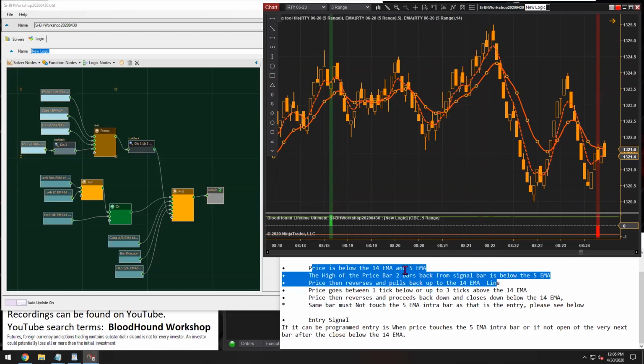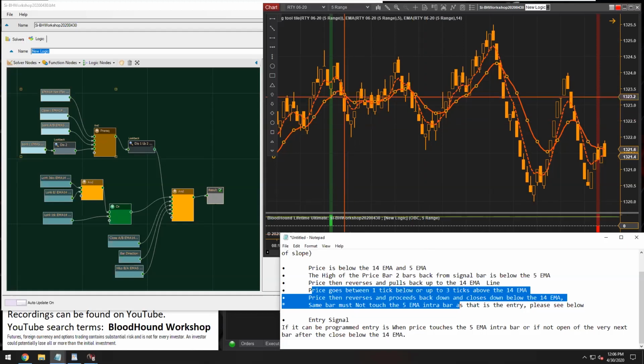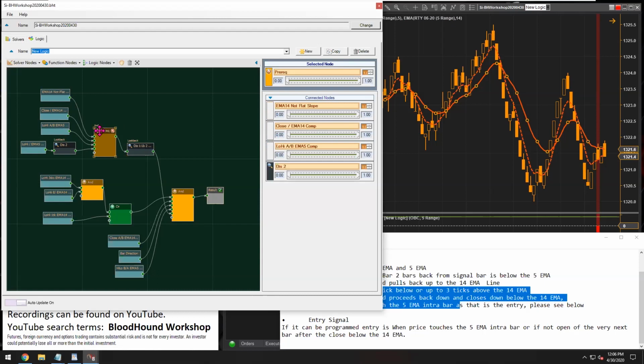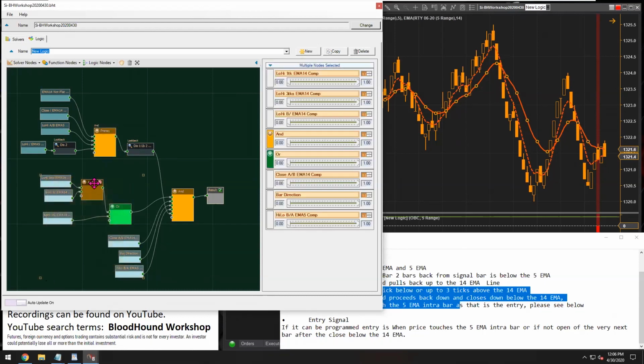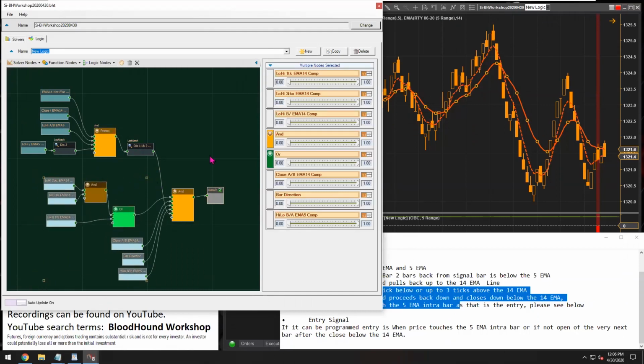The next couple of rules laid the ground rules, the requirements, for the actual setup bar itself. And then we needed a look back node to connect the prerequisites to the signal bar logic.